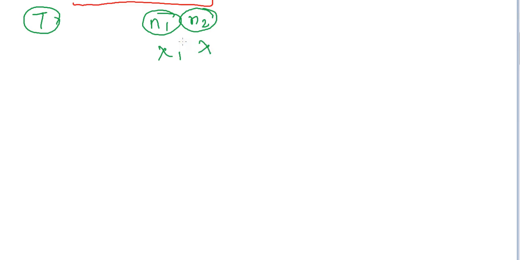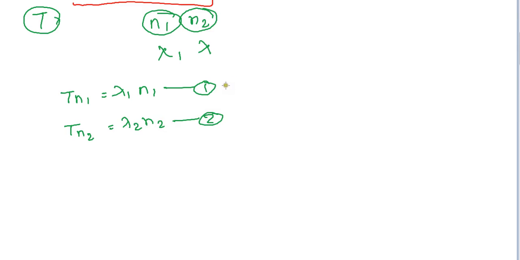From the eigenvalue and eigenvector definition, you can write T N1 equal to alpha 1 N1. This is equation number 1. And we have another equation, T N2 equal to alpha 2 N2. This is equation number 2.